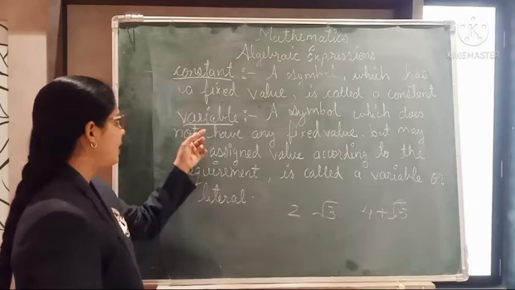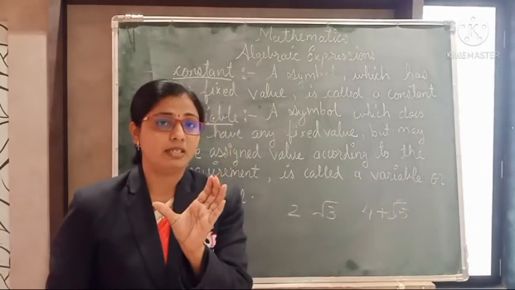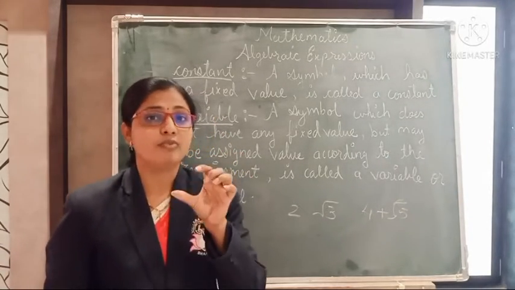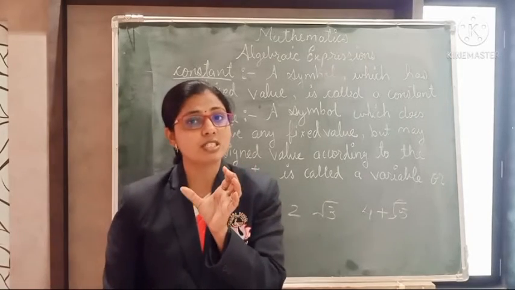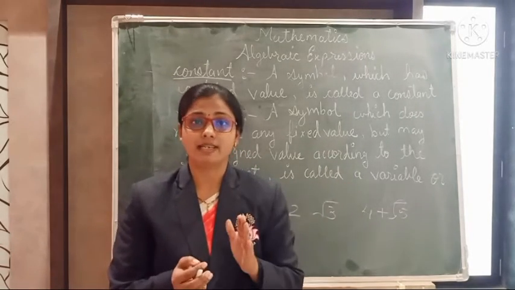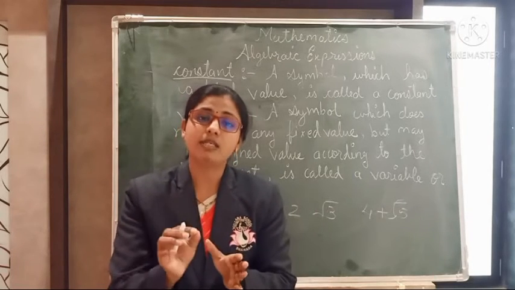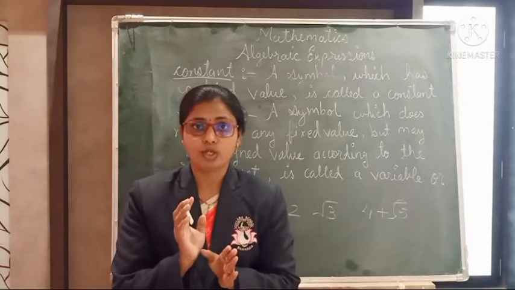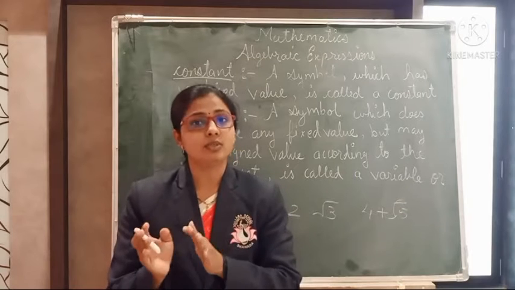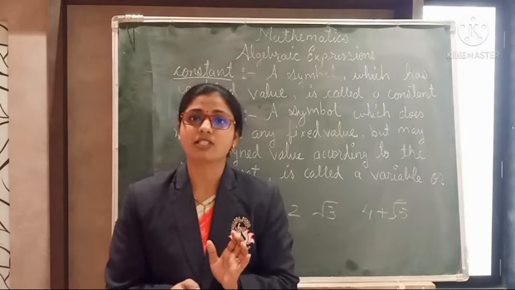Next is variable. The meaning of variable, as we know, variation means to vary. That means changes are there. It will not be a constant value. There will be a change in the value. It may vary according to the condition or the situation of the particular expression.